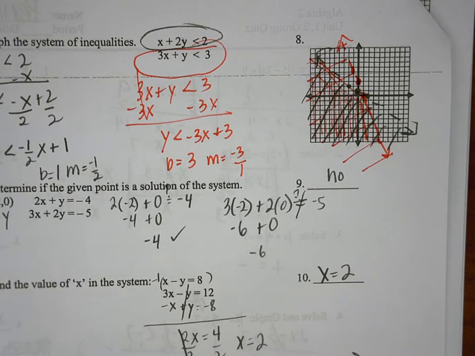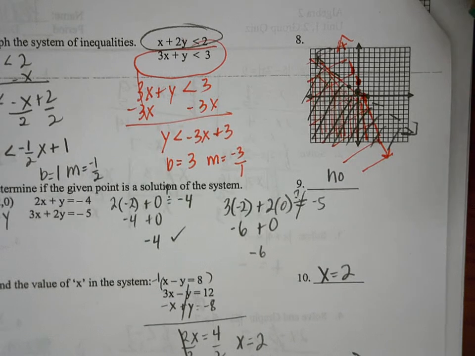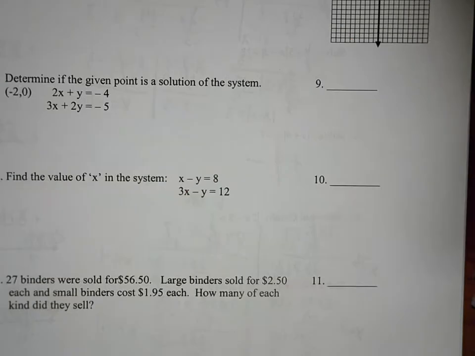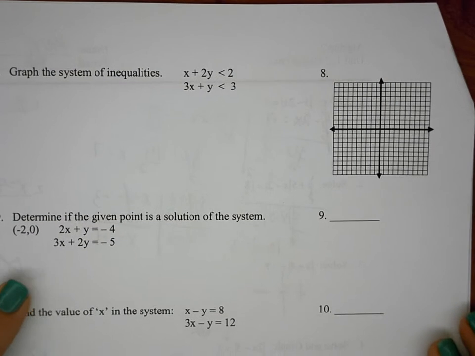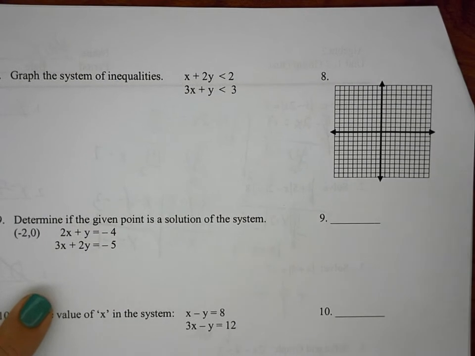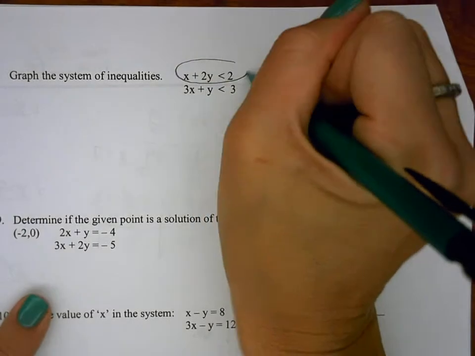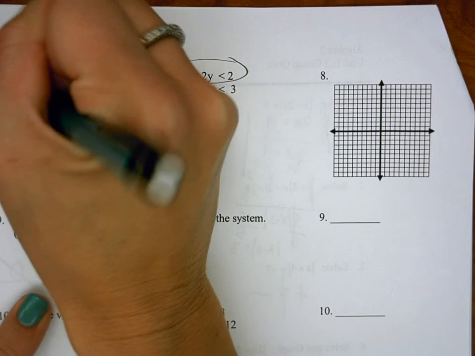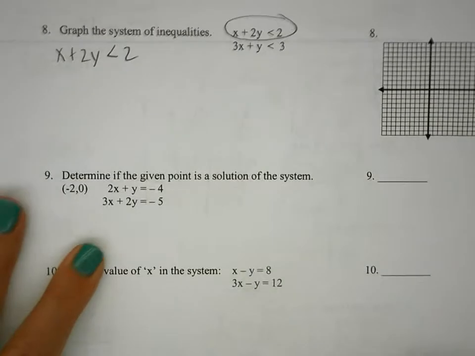There it is. All right, so number 8, we have 2 inequalities to graph. So when we're graphing, what should I do first? Very good, get y by itself. So I'm gonna take this equation, x plus 2y is less than 2, and we are gonna get y by itself.